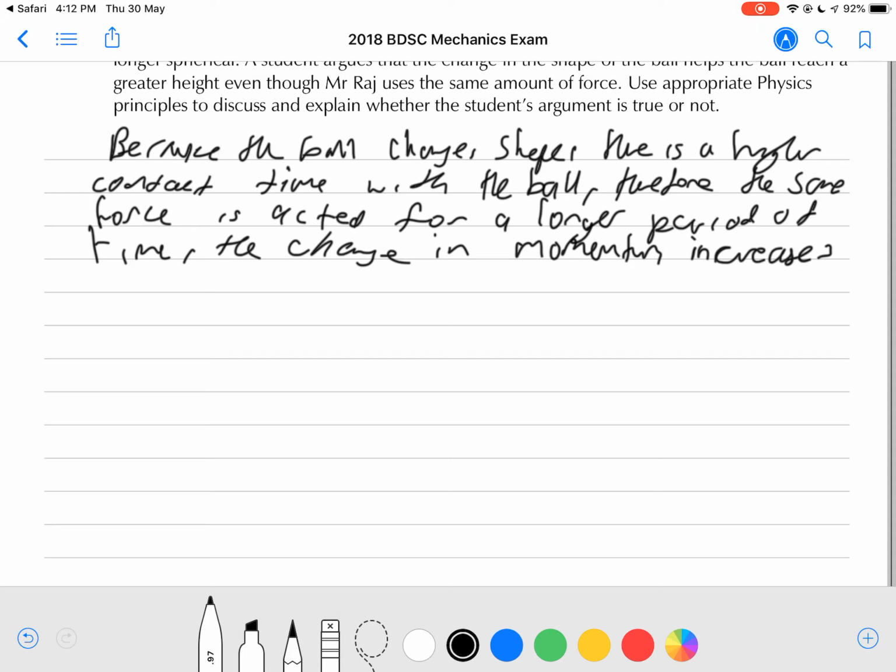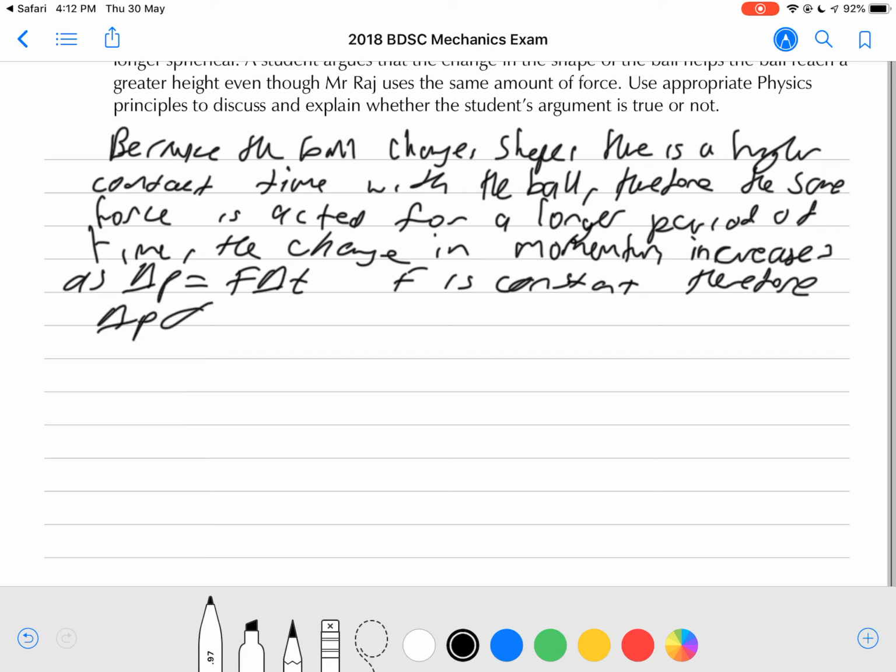Change in momentum increases as change in P equals F change in time. F is constant. Therefore change in P is proportional to change in time.